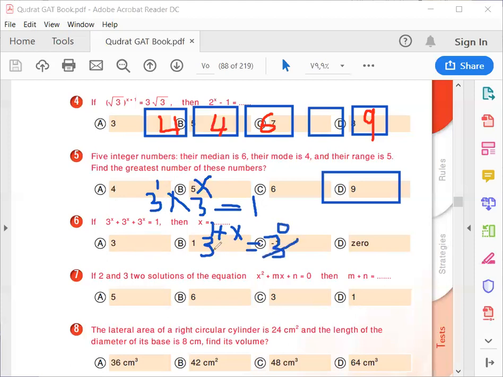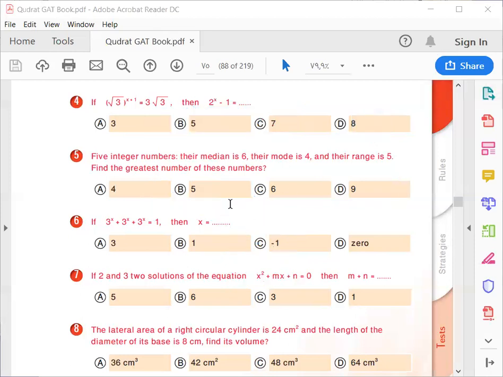Then you can simplify: x equals minus 1. So the answer of number 6 is C, because x equals minus 1.